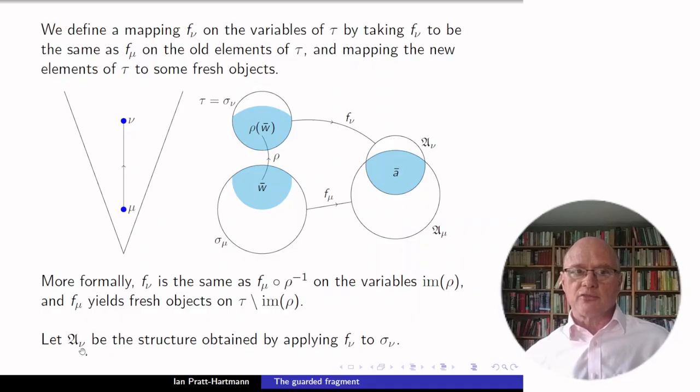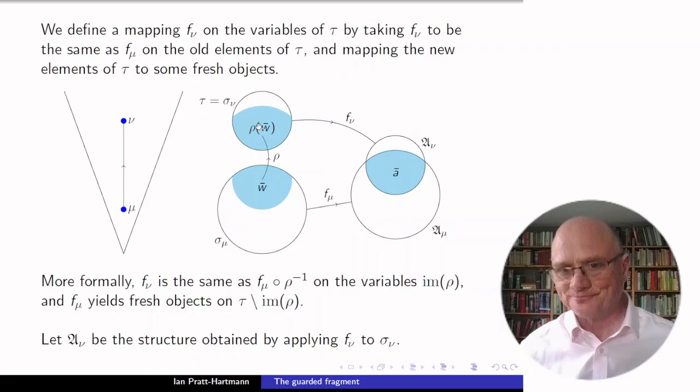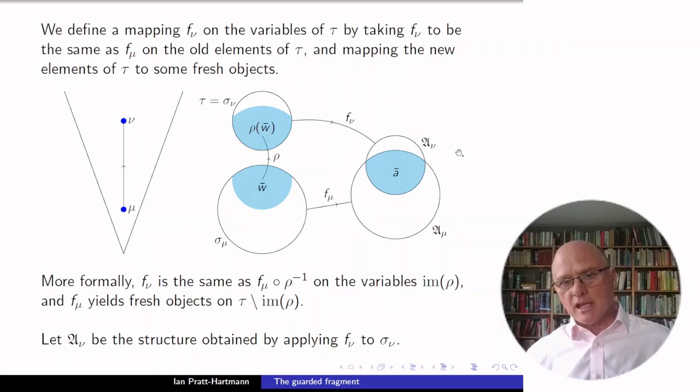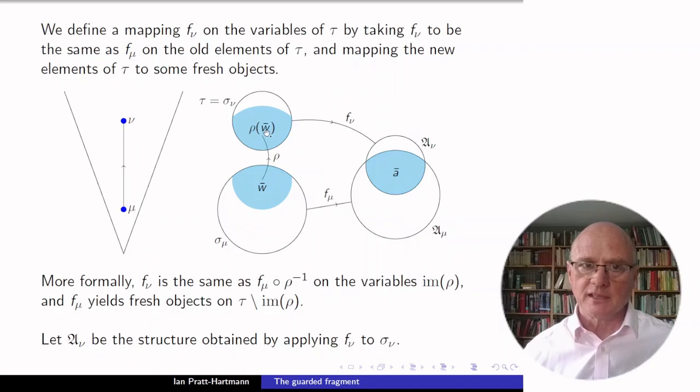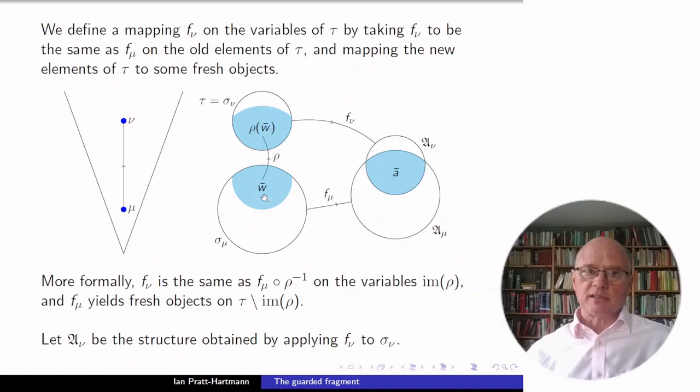And I can define a structure A nu on this set of elements by simply applying f to the structure sigma nu, in other words Tor. So that gives me a little structure A nu associated with the vertex nu, and an isomorphism between the type sigma nu and this little structure, and there'll be some sharing of elements corresponding to the partial isomorphism between the types here.